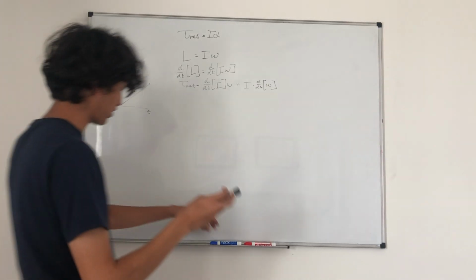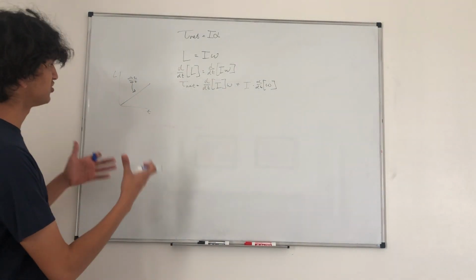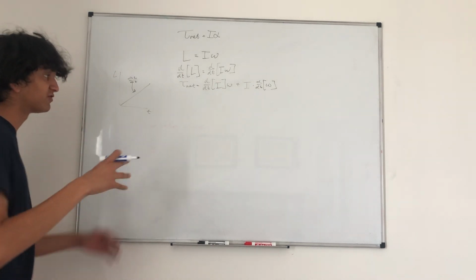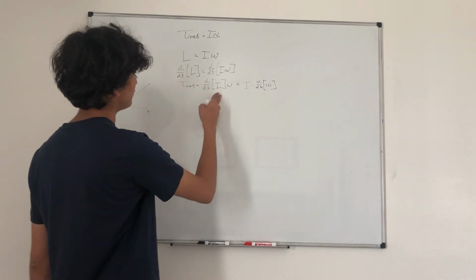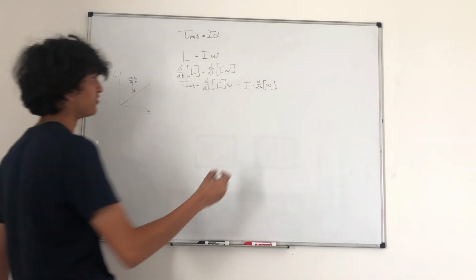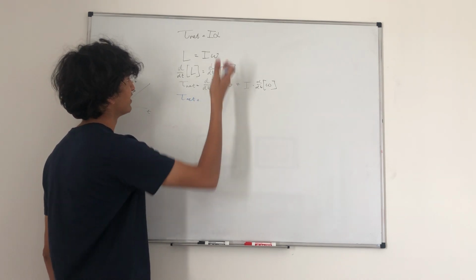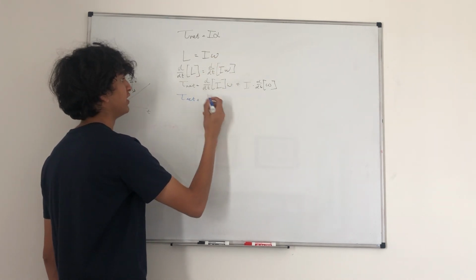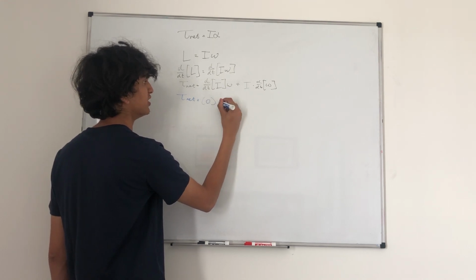What I want to show you is that when our rotational inertia is constant, there's no change in rotational inertia over time. The derivative with respect to time is zero. So d over dt of rotational inertia is just zero times omega.